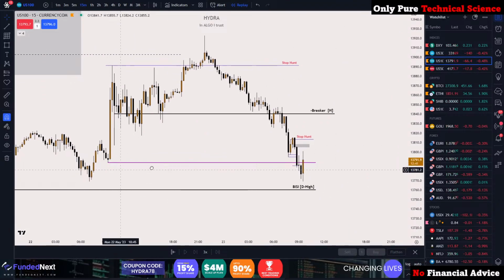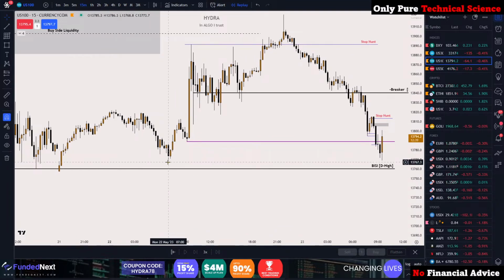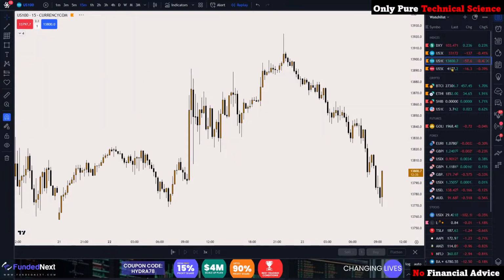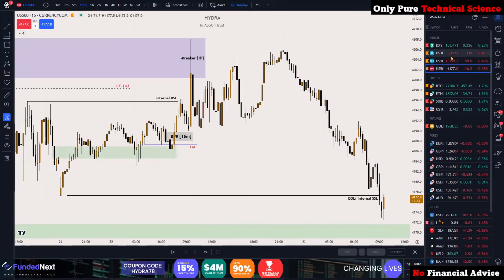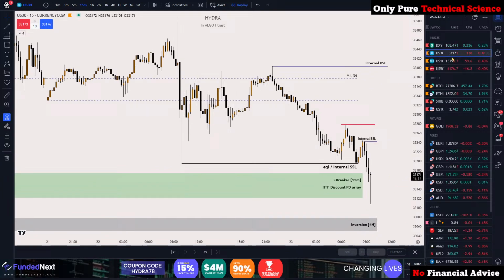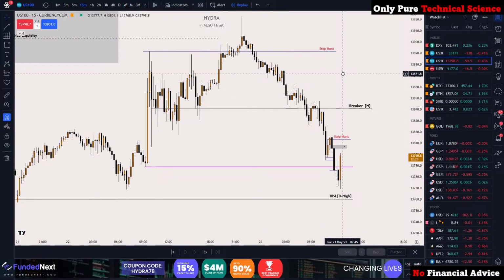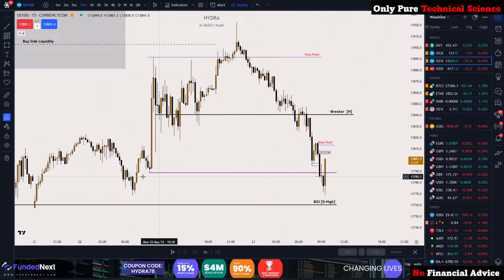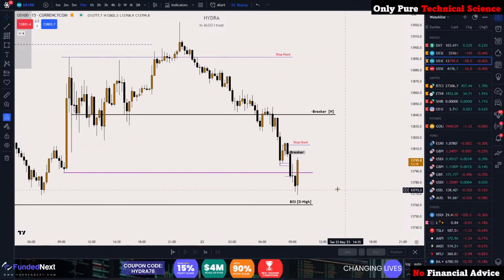Nasdaq cleared out this low, but this relative equal low is still untouched. I think that's an SMT, right? Yeah, it's an SMT with other pairs. This candle's low comes in at 13768. This candle's low 13768. So these are relatively equal lows.